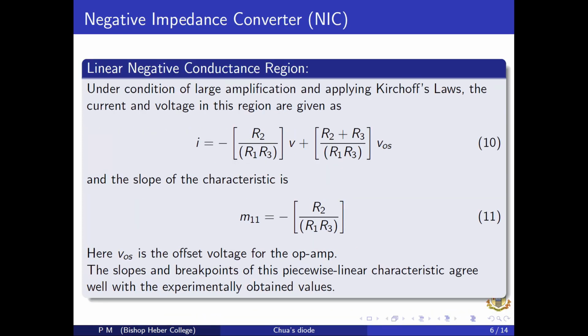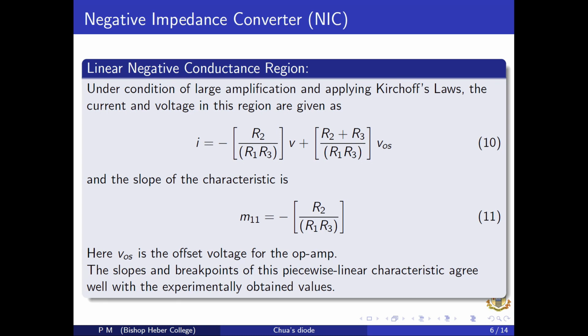Linear negative conductance region. Under conditions of large amplification and applying Kirchhoff's laws, the current and the voltage in this region are given as I is equal to minus R2 divided by R1 R3 into V plus R2 plus R3 divided by R1 plus R3 into V offset.